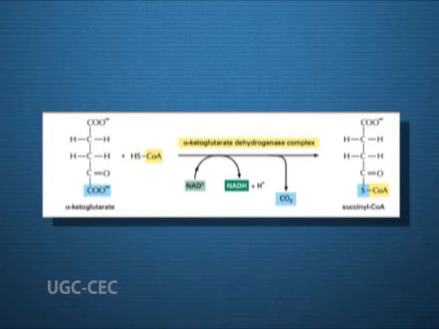This enzyme complex is similar to that involved in the oxidative decarboxylation of pyruvate. That is, it requires the same cofactors as the pyruvate dehydrogenase complex, which are thiamine diphosphate, lipoate, NAD+, FAD, and coenzyme A, and results in the formation of succinyl-CoA.